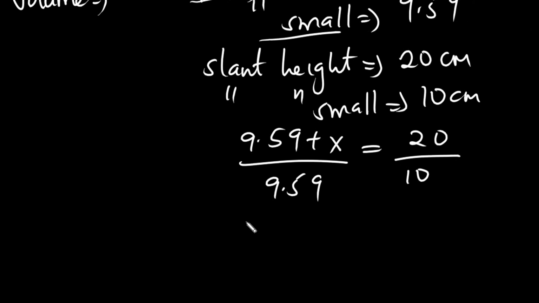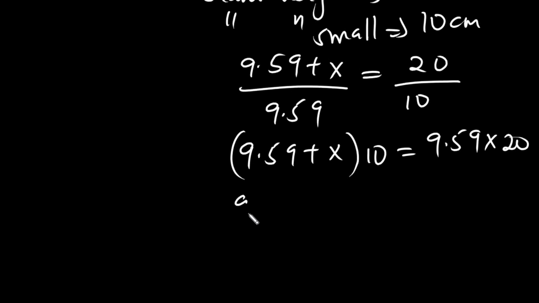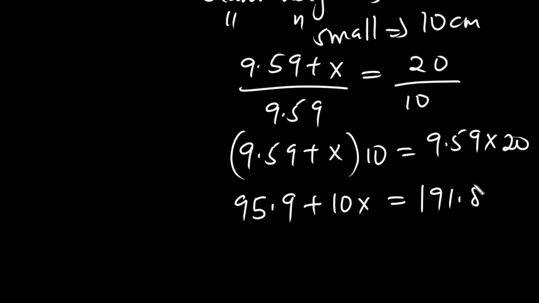So this is going to be 9.59 plus x, multiplied by 10, is equal to 9.59 multiplied by 20. So this is going to be 95.9 plus 10x is equal to 191.8.